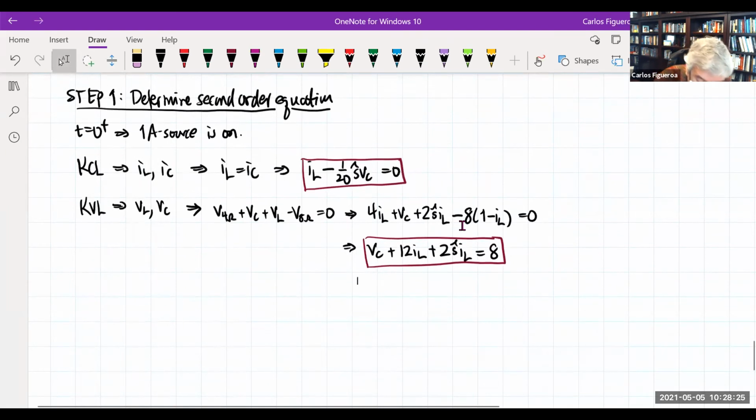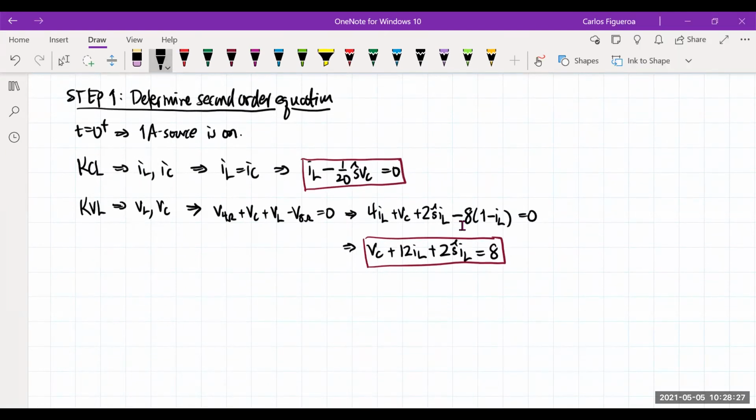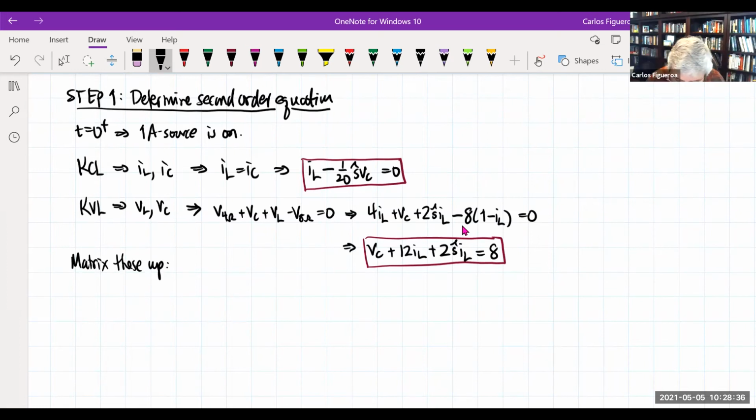So now here I go. I'm going to matrix this up. I've got minus 1/20 s hat for VC, 1. Now I'm going to focus on the bottom one first, so I get 12 plus 2 s hat. And on top, I get 1.